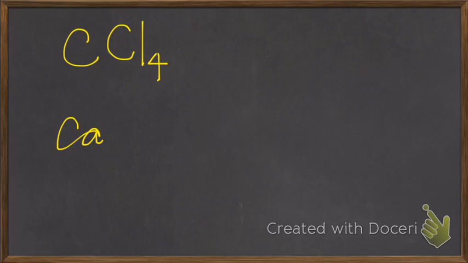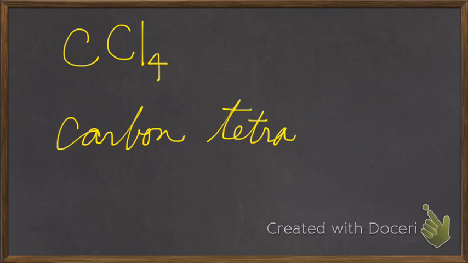We would just say carbon. But now 4 is tetra. And then we wouldn't say chlorine. We drop the INE and we say chloride. So it's carbon tetrachloride. Hopefully this has helped refresh your memory in how to name these covalent molecules. I'll see you in class.